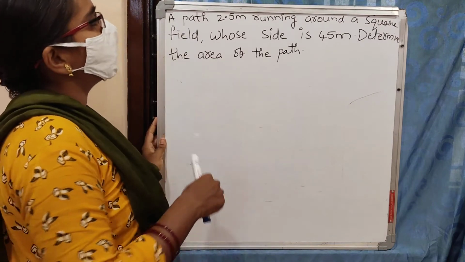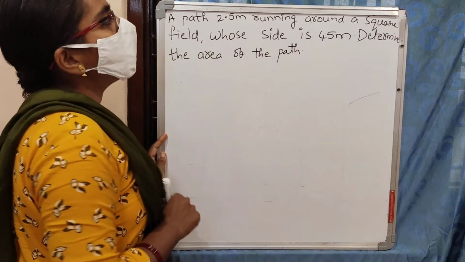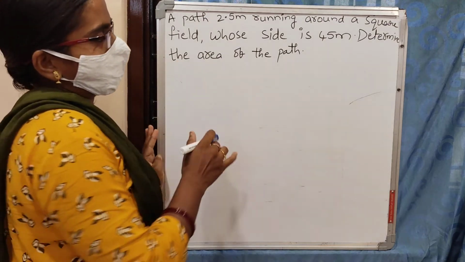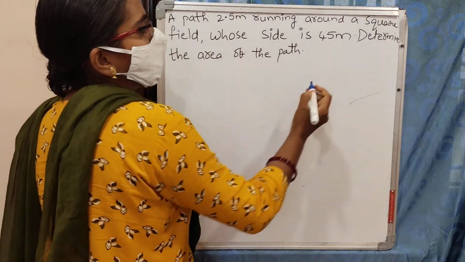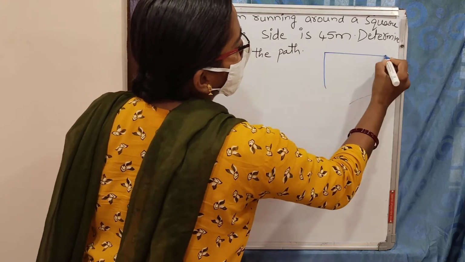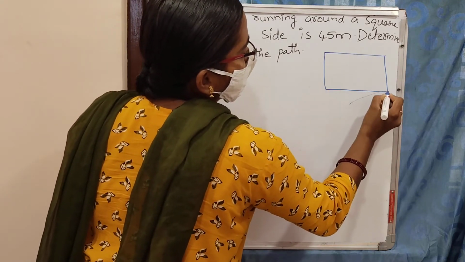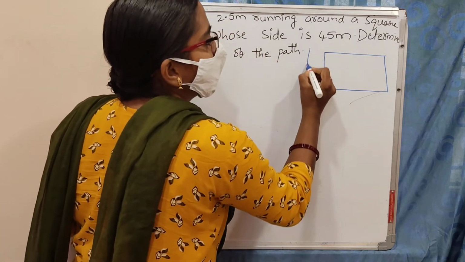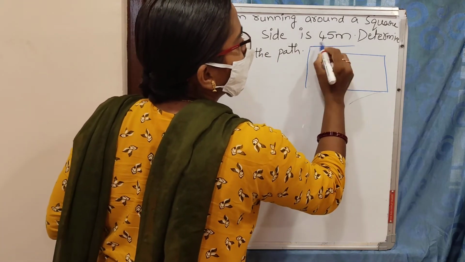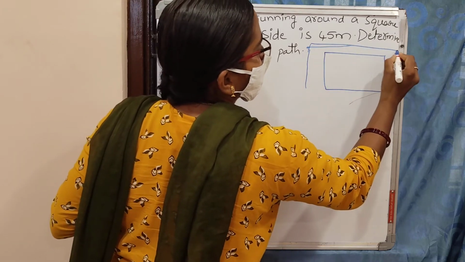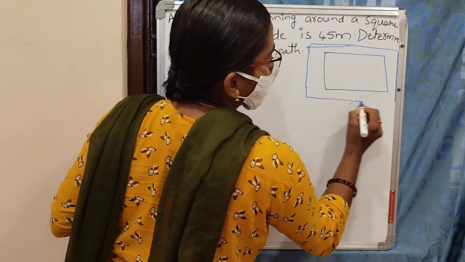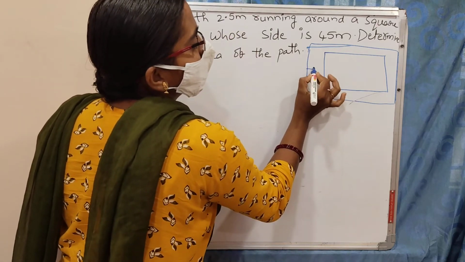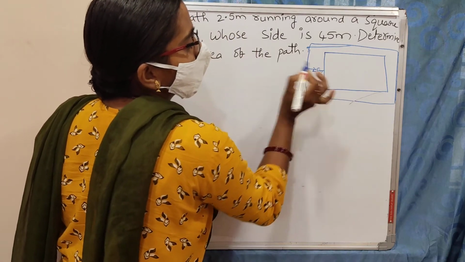Here one more question we have. A path 2.5 meter wide running around a square field. So if this is a square field, around this a path is running around the square field. 2.5 meter means this is the 2.5 meter width.